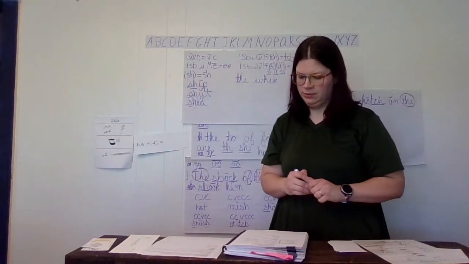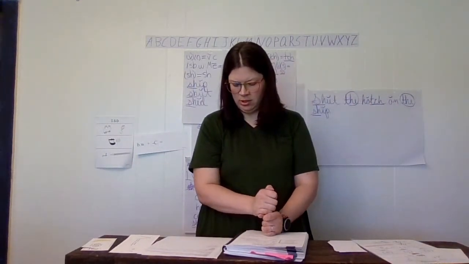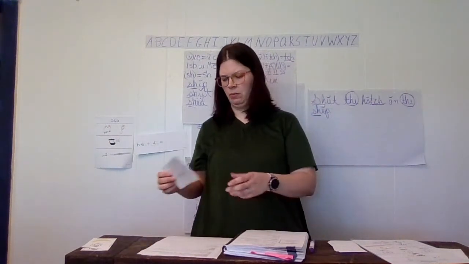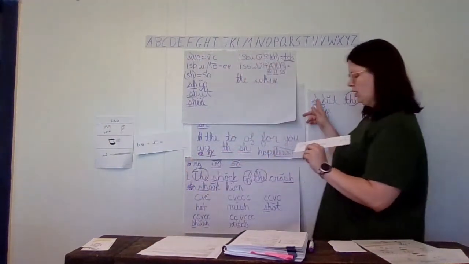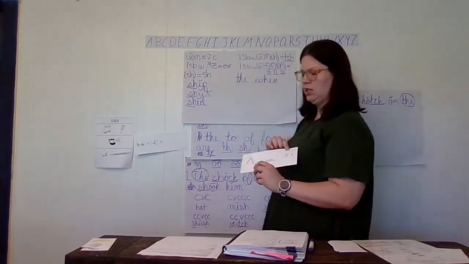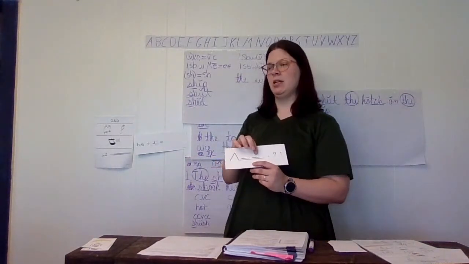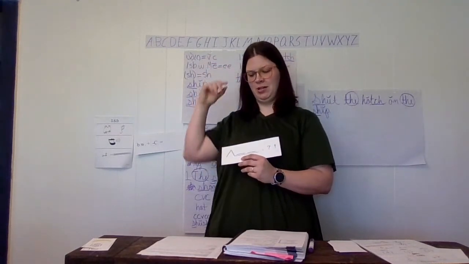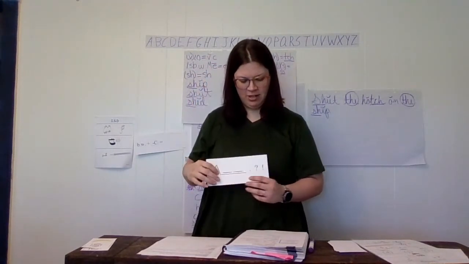Okay, so we remember that when we have a sentence, it always begins with a capital letter, ends with an end mark, contains a subject and predicate, and it expresses a what? A complete thought.